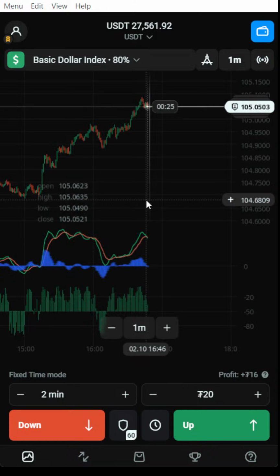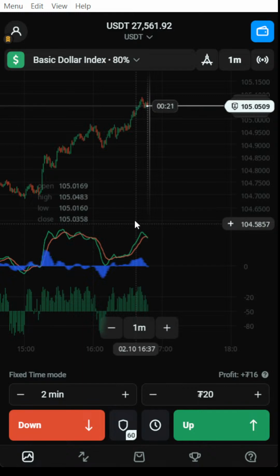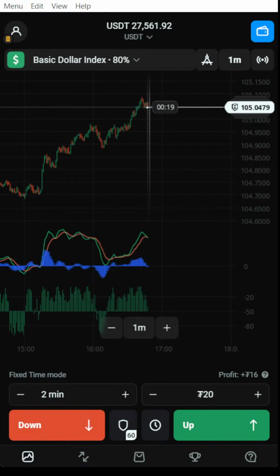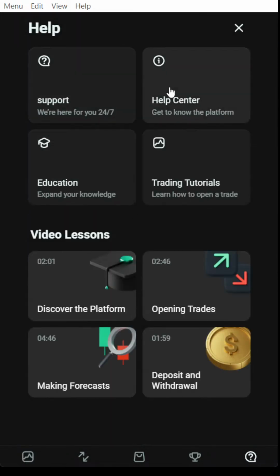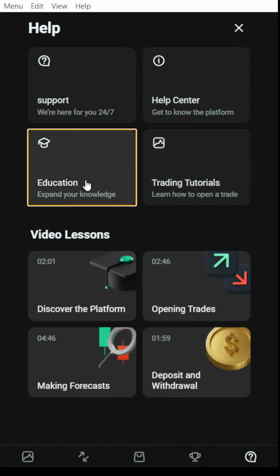If you want to learn more from our application, here we have the option of help, and we have support, help center, education. So we need to go to education. In the education section, we have many different options: technical analysis, fundamental analysis, fixed time trade strategies, forex strategies, fixed time trade guide, forex guides, drawing tools.